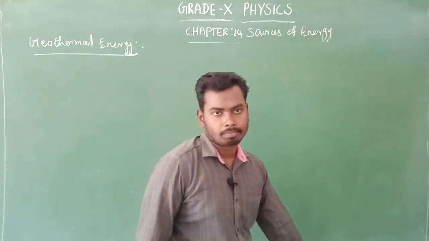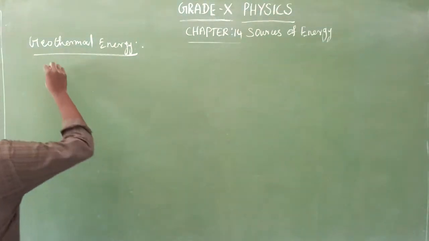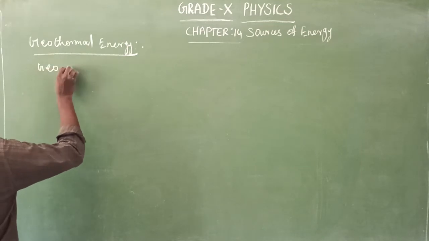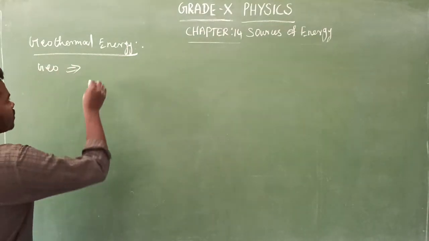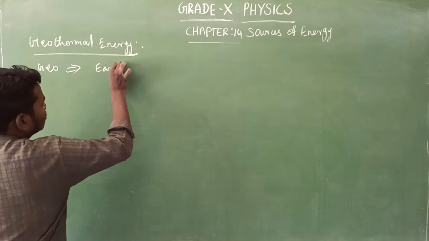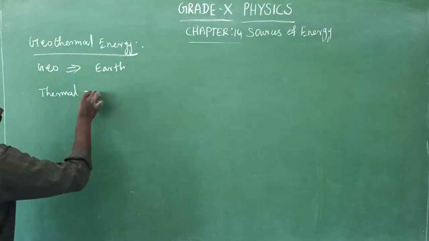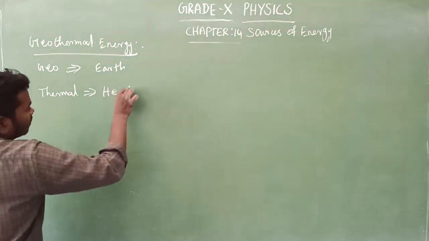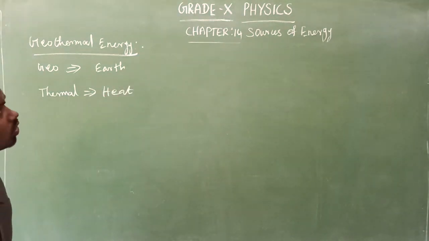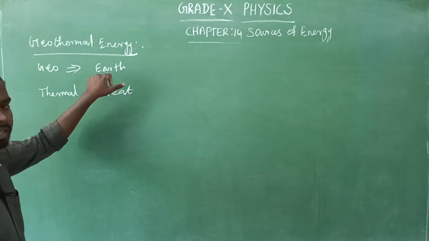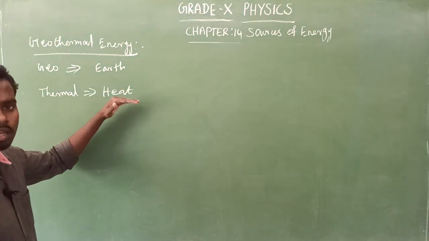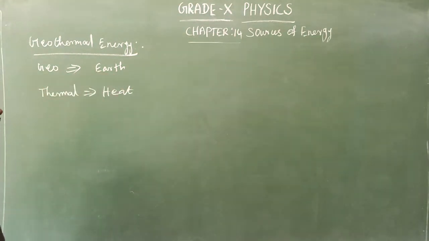Geothermal energy. Okay, what is the word meaning of geo, sir? Geo, which means earth. Thermal, which means heat. Okay, next we will see geothermal energy. The word geo means earth, and thermal means heat. So the title reveals the answer.